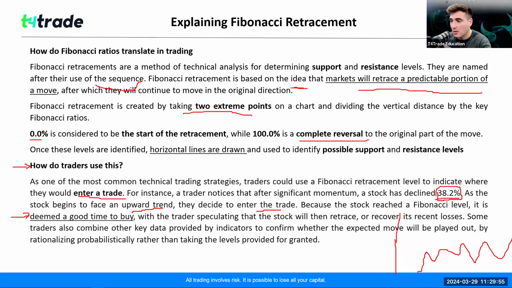Obviously, if it's near the 23.6, it's going to be much easier for you to cover the ground and move higher. So there are many ways of interpreting this. The deeper the retracement, the more time it will take. The shorter the retracement, the much easier it will be for the price action to move higher.